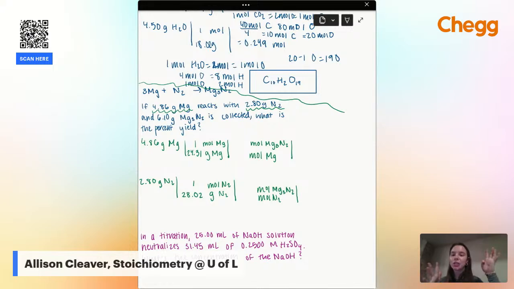Then let's do a conversion, moles of Mg3N2 to moles of magnesium. 1 mole of Mg3N2 to 3 moles of magnesium. 1 mole of Mg3N2, and we have 1 for N2. I got all of those from the coefficients up there at the top.